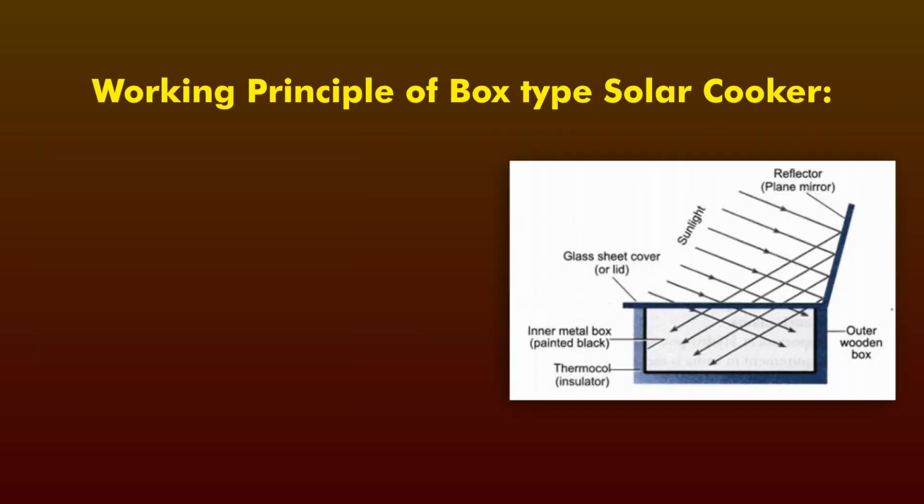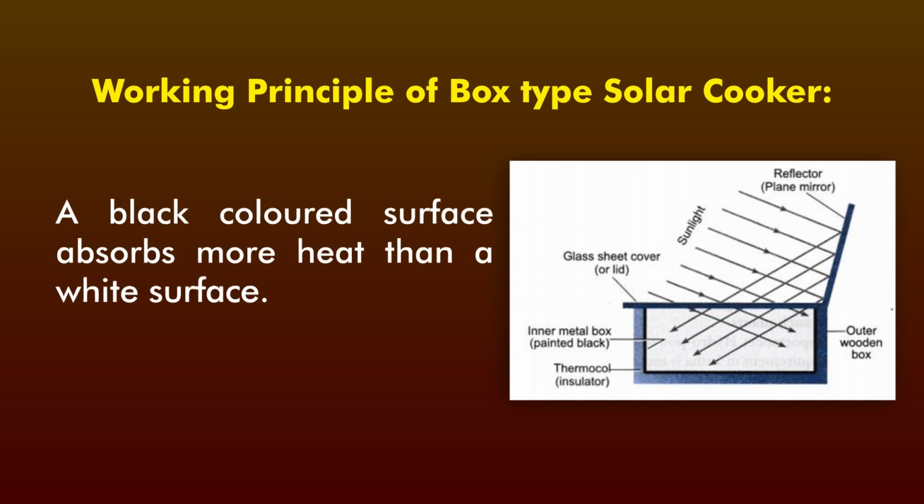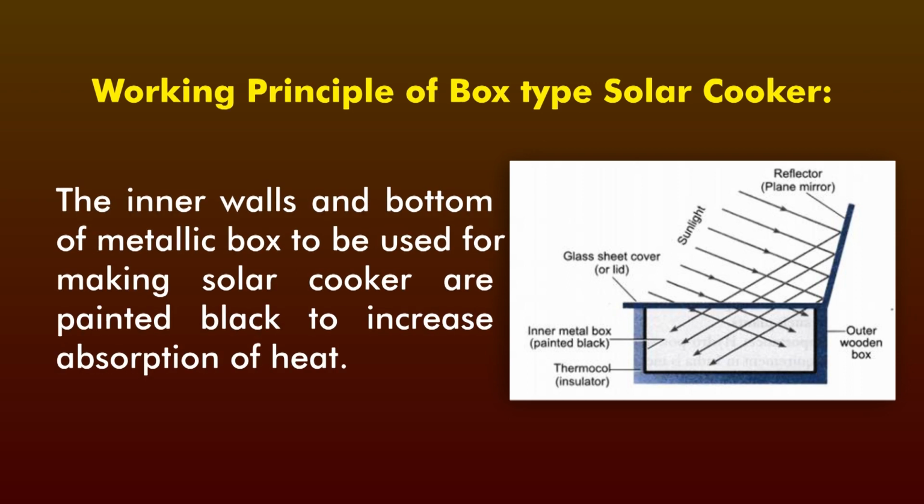Now we will discuss the working principle of the solar cooker. It is a well known fact that a black colored surface absorbs more heat than a white surface. So the inner walls and the bottom of the metallic box used for making the solar cooker are painted black to increase absorption of the heat.